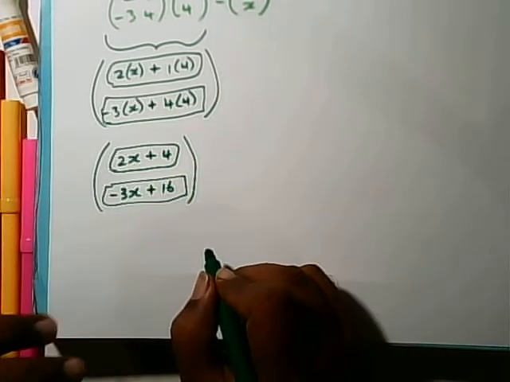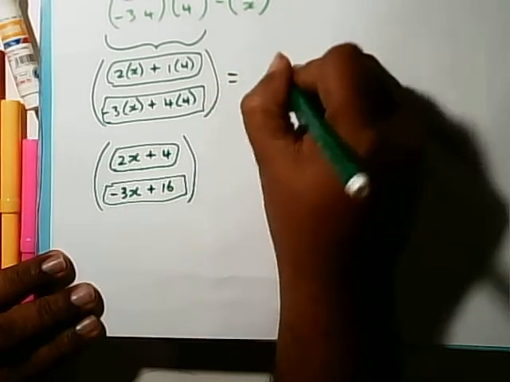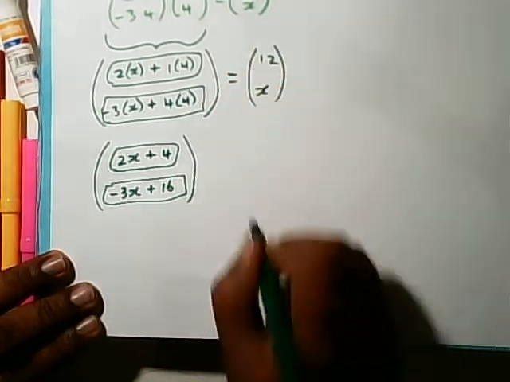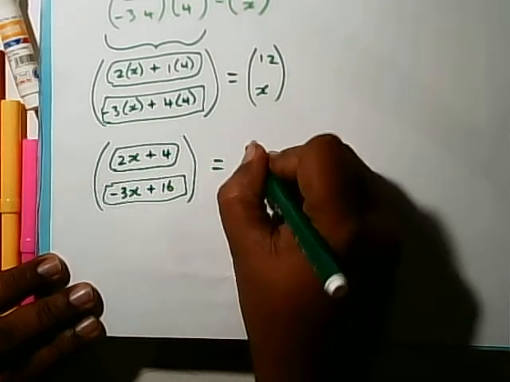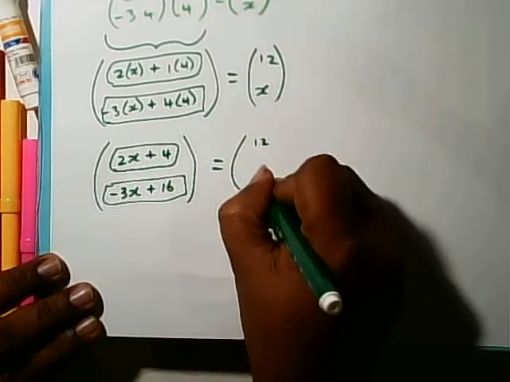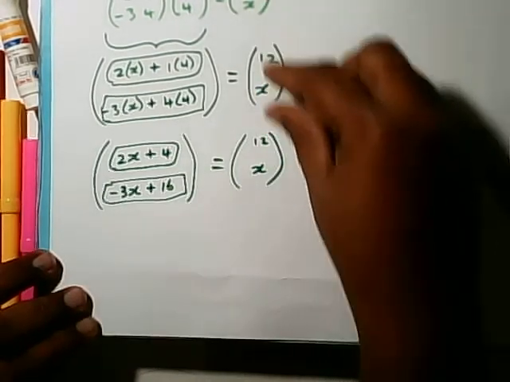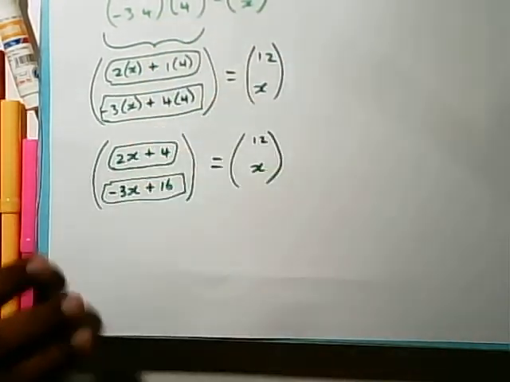And I know that should be equal to 12 on top, x below. So I just bring it down. That comes down here.